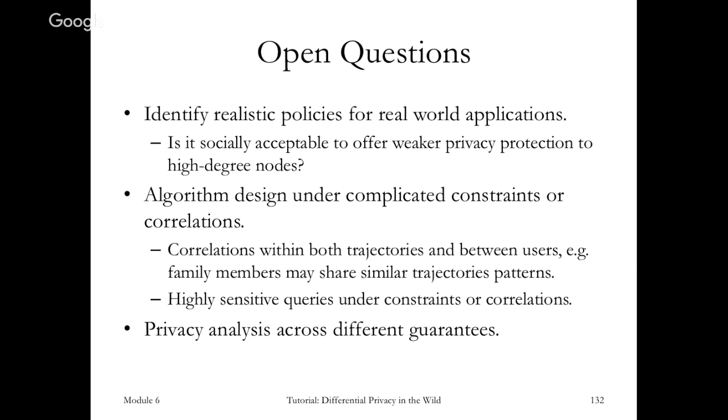Also, how do we design algorithms under more complicated constraints or correlations? We have seen algorithms designed for dealing with simple sequential data, correlations between events, or correlations between users in social networks. However, when those correlations come together, what is the right algorithm to use? And also, how do we design algorithms that address highly sensitive queries?